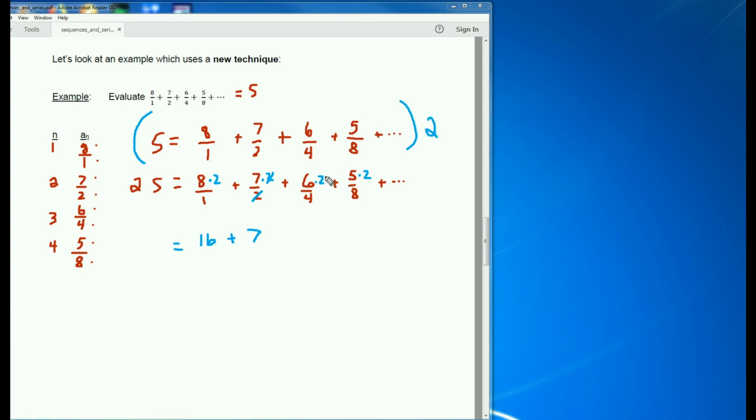When I do this one, I am going to cancel just this factor of 2, which is going to leave me a 2 in the denominator, so that becomes 6 halves. And same thing here, I'm going to cancel a factor of 2 with the denominator, so that becomes plus 5/4.